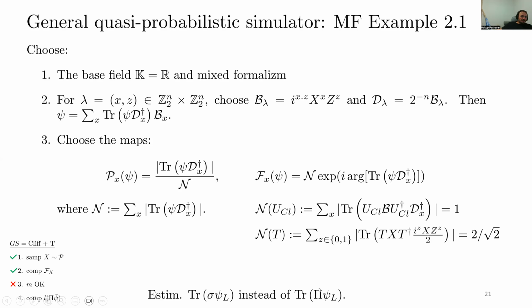But if you modified the task a little bit and said, maybe I'm interested in estimating operators that have a small 1 norm, in Schatten norm or something, then you could use this procedure to do that task. So estimating expectation values of certain observables, like for example, estimating trace overlap with another state.